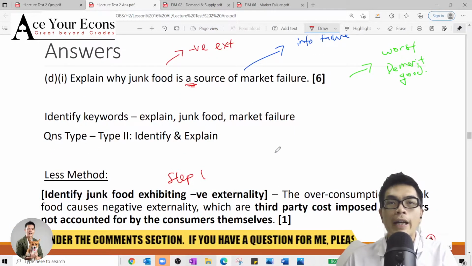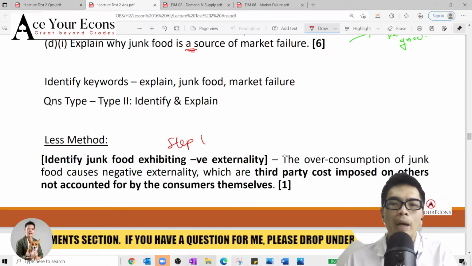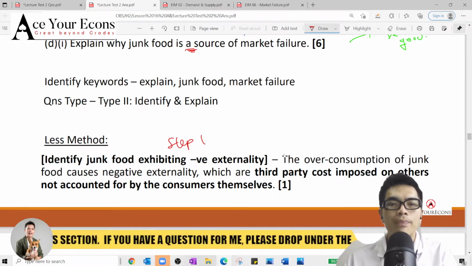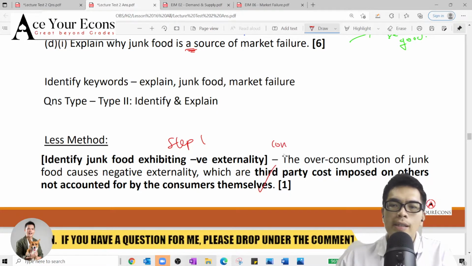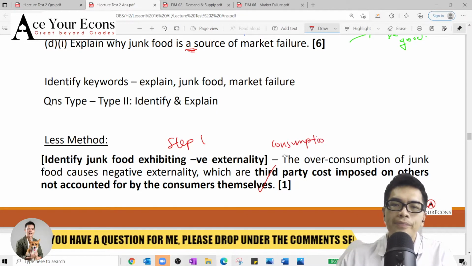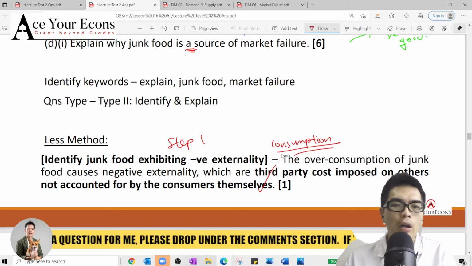A lot of students identify negative externalities, but they did not define them. So you want to talk about third-party costs imposed on others. And negative externalities in this case is a consumption-based externality. So I want to see consumption being used here, and consumer.